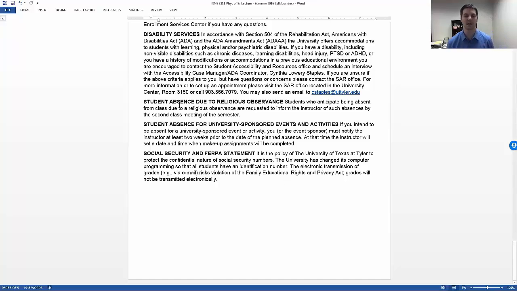And then Social Security and FERPA. The University of Texas at Tyler takes this stuff very serious, and so what they've essentially encouraged us as professors to do is say that there is no electronic transmission of grades being sent over electronics. So the only way that I can get you grades is one of two ways. You can follow along through Blackboard and see how they go.